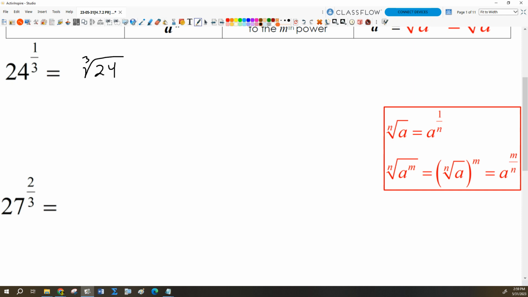Good. And you guys have had a ton of practice already doing that. How do we simplify a cube root of 24? What do I have to do to the 24? Yeah, I've got to make a factor tree, right? What's 24 going to factor into? 8 and 3. And then 8's going to break up into 2 times 2 times 2.